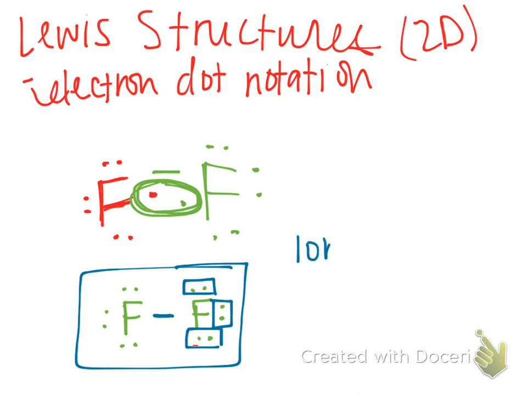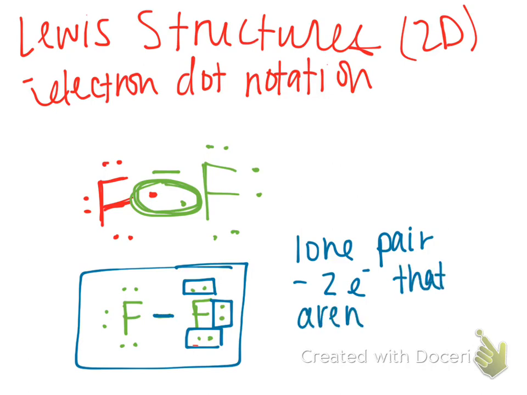Okay, so a lone pair is two electrons that are non-bonded. Okay, two electrons that are not bonded.